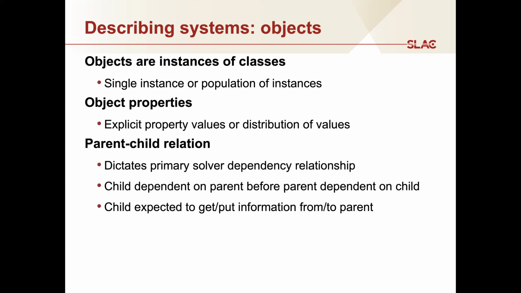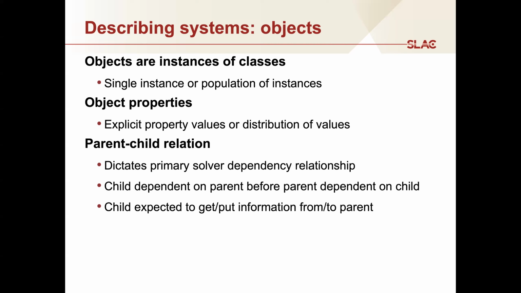And so we have essentially what's called the top-down and bottom-up solution method, where a top-down method starts with the parent and works its way down through the object hierarchy, solving so that the child can get its dependency on the parents first before it does something. And then a bottom-up method where the child can update its values so that the parent can then do its gathering operation and collect information.